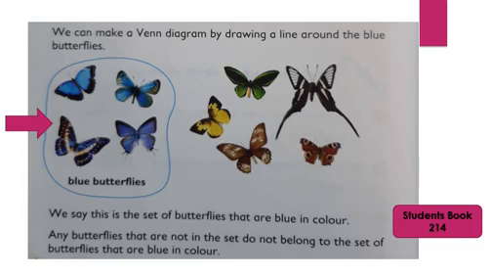While on the other hand, any butterflies that are not in the set do not belong to the set of butterflies that are blue in color. It means, kids, the other group of butterflies do not have blue color, so they do not belong in the set of blue butterflies.